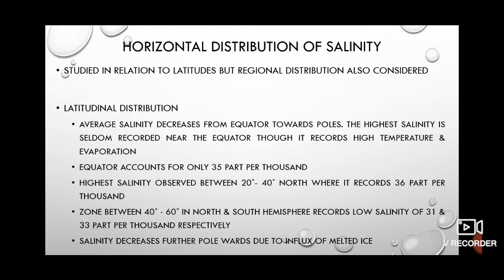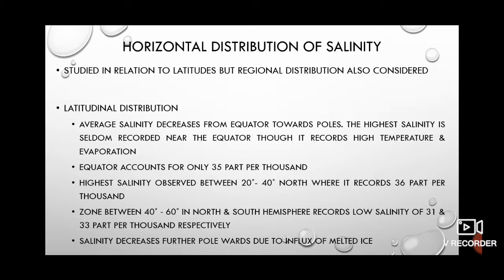The highest salinity is observed between 20 degrees to 40 degrees north, where it is 36 parts per thousand. This we have already discussed, that the subtropical region generally has higher salinity because of high evaporation and reduced precipitation.